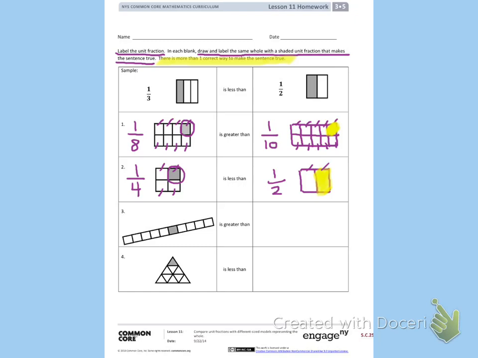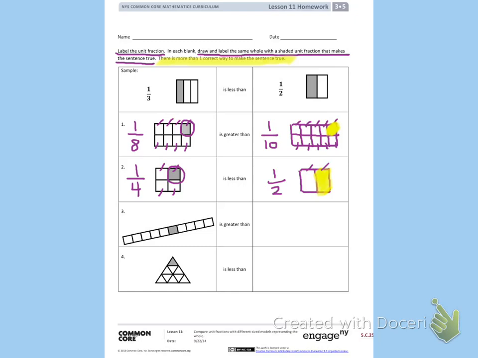As you can see, more of the square is shaded in the third column than in the first column. So 1/4 is less than 1/2. That matches the sentence. It makes the sentence true.